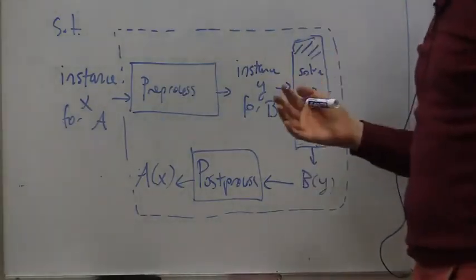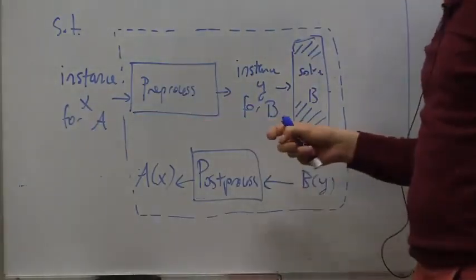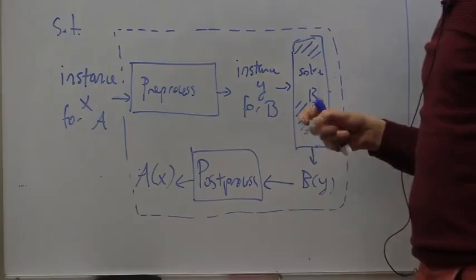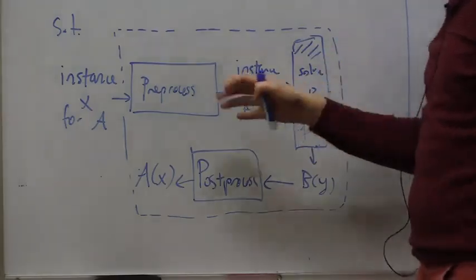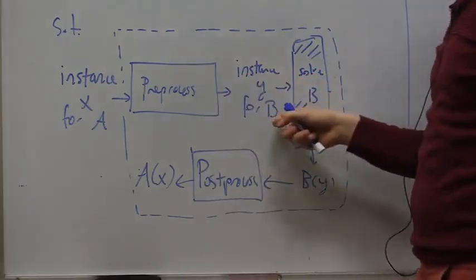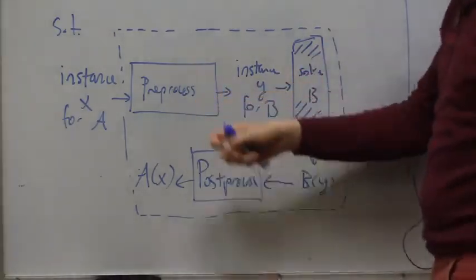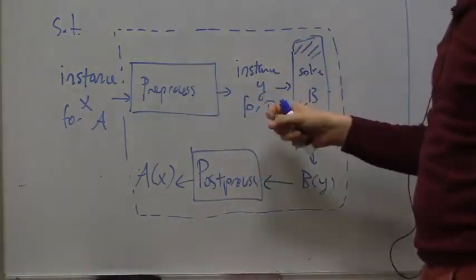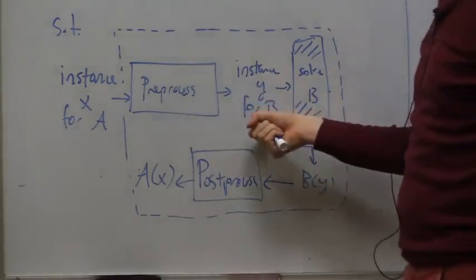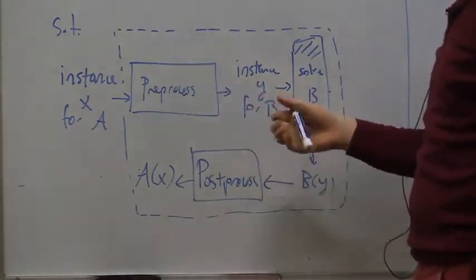There's a bit of a technicality here: when both A and B are efficient, you could have a stupid reduction where the pre-process algorithm solves the problem but doesn't tell the reduction. So you always want the pre-process and post-process to be weaker than the resources needed to solve the problem B, so that you're actually reducing as opposed to fake reducing.